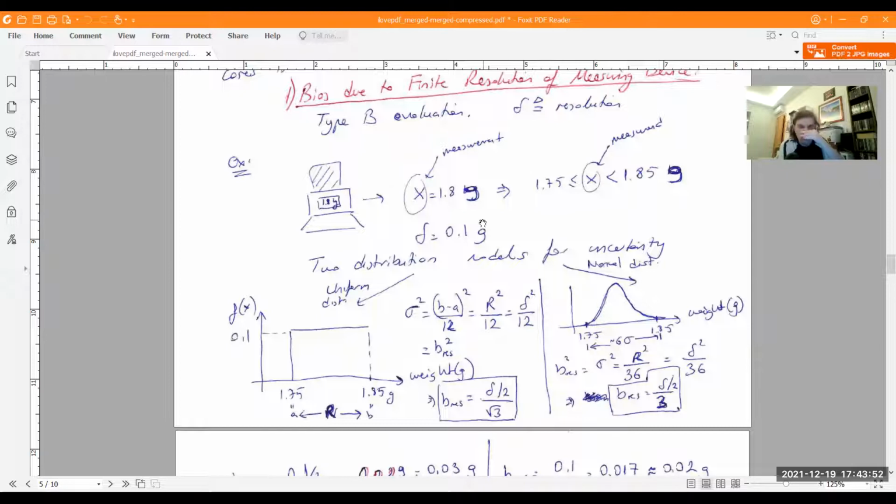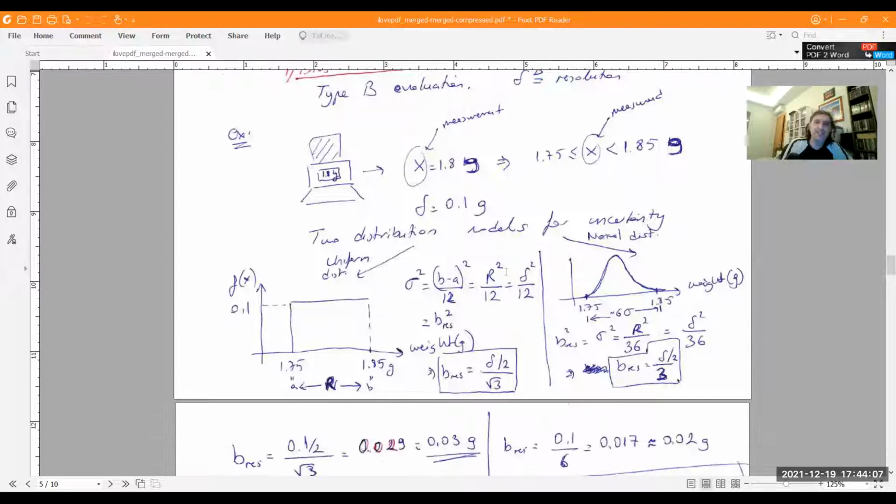So how are we going to change this to uncertainty? Now here, two distribution models are usually used for reporting or assessing uncertainty. This part seems a little bit theoretical at first, but it's going to be very practical. It's more related to curious minds.